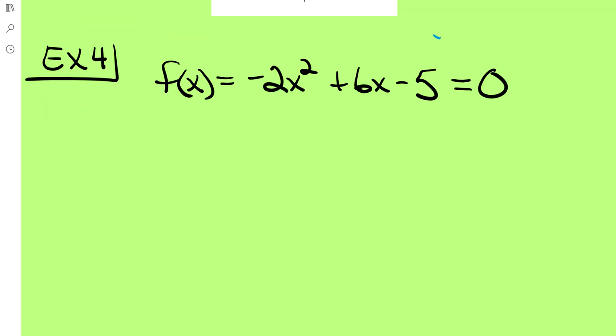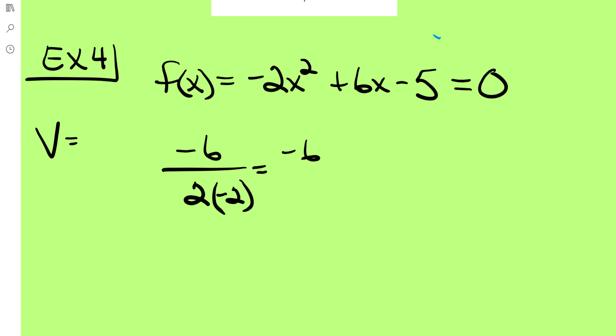Okay, here's example 4. Got my ABCs there and etc. Let's figure out what the vertex is. Vertex is first. So I'm going to have negative b over 2a, so that's negative 6 over 2 times a, and a is negative 2.